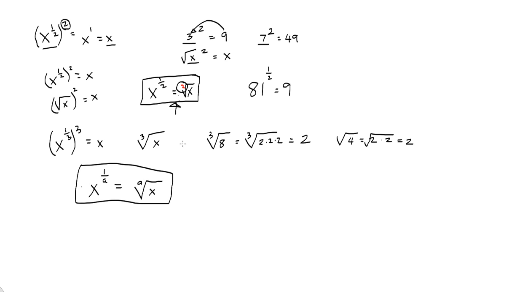It tells us how many times we need to multiply something by itself to get that number under the radical sign. So here's our rule. If I say what is y to the 1/5 power, we'd say that is the 5th root of y. Pretty simple. I hope so.